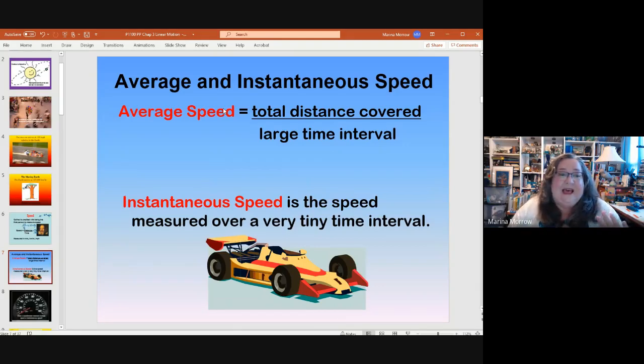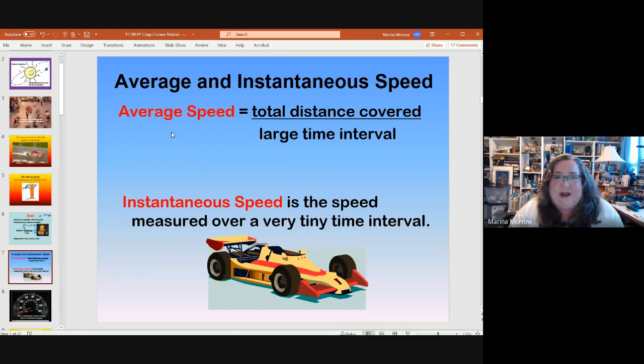Having said that, in this class, we're not going to be that fussy about it. Average speed is where you take a total distance covered and divide by that large time interval, just like I did with that one. A quarter of an hour is pretty big.